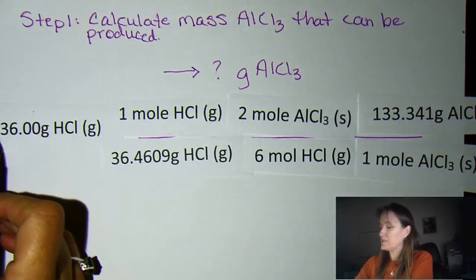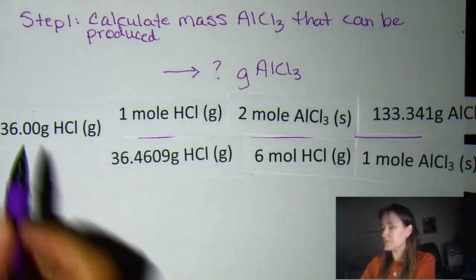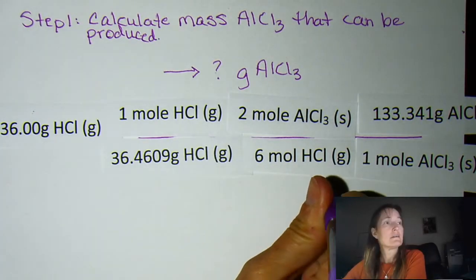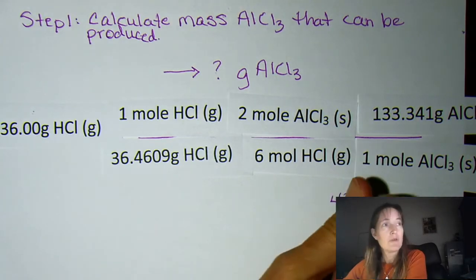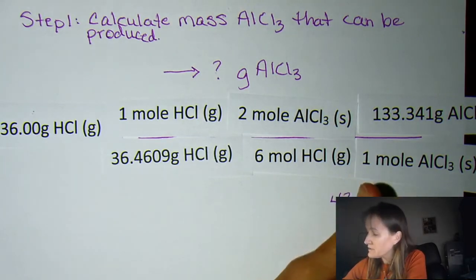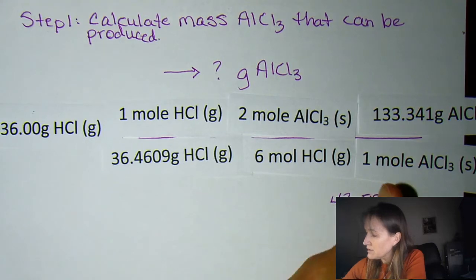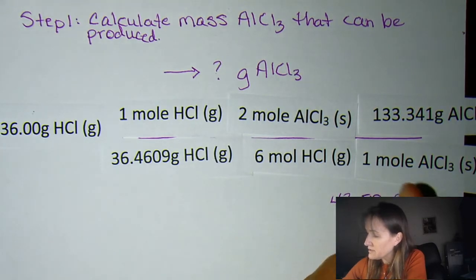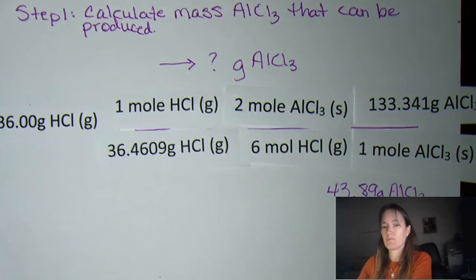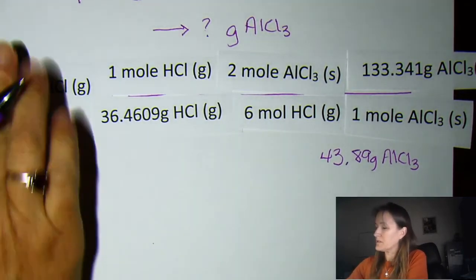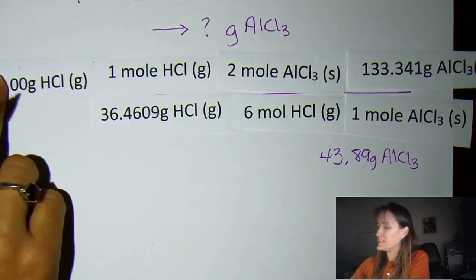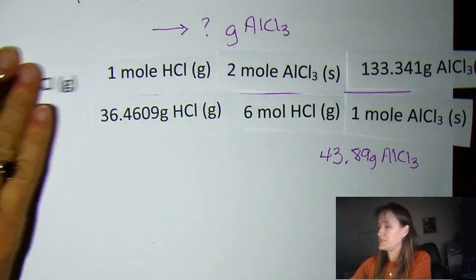So I'm going to round it to 4 digits because this here is 4 digits, and I get 43.89 grams of AlCl3. And that's the amount that's produced by the 36 grams of HCl.